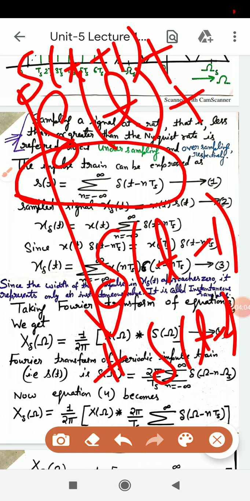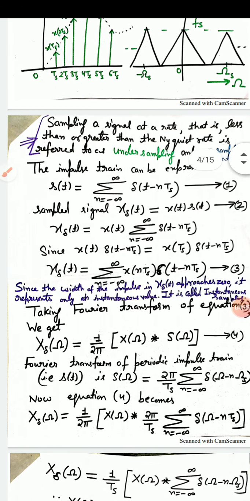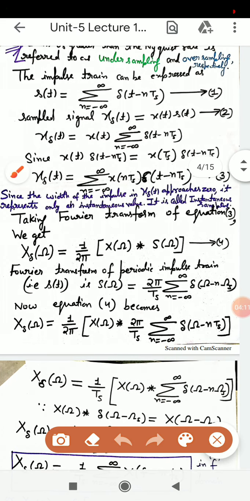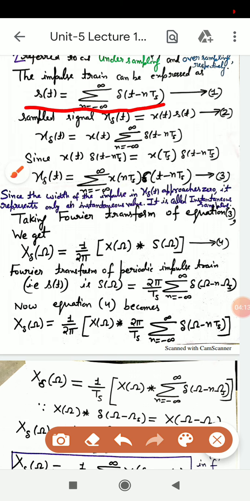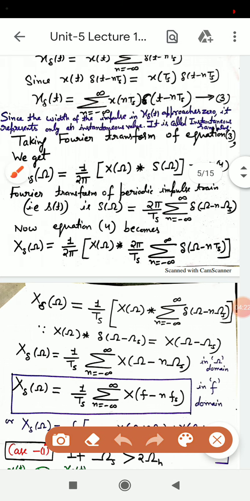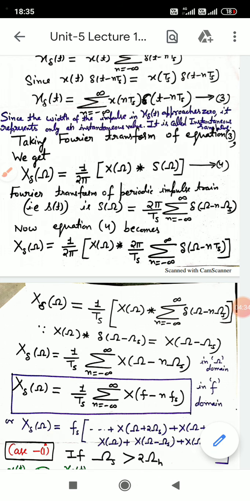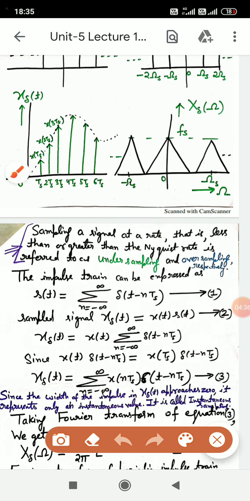This is the impulse train, and the impulse train is multiplied with the x(t) signal. If we multiply, we know this property, and after that we can write this, and we see x(nTs) multiplied with delta after multiplication.